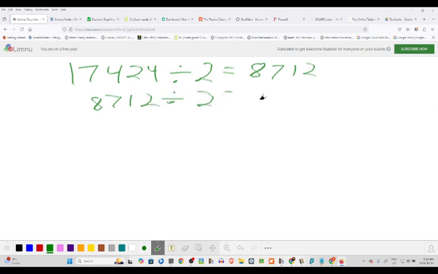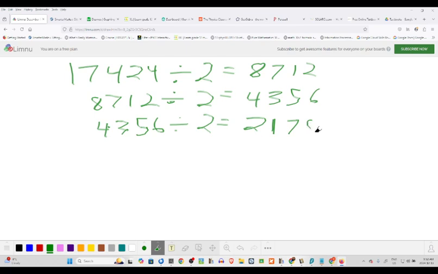Divide that by 2. And it goes in 4,356. Still even. Divide this by 2. 2 goes in a 4 twice. 2 goes in a 3 once. 2 goes into 15 7 times, and 2 goes into 16 8 times.